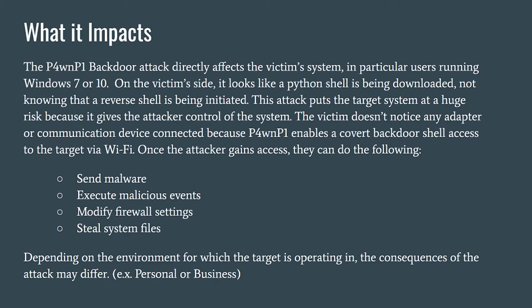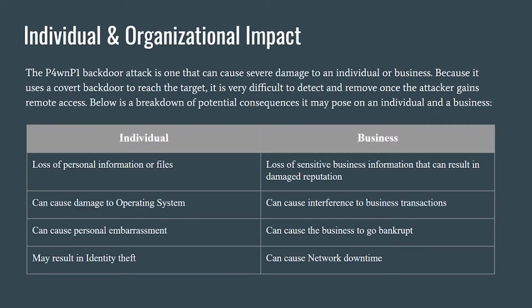For example, personal or business, individual and organizational impact. The P4wnP1 backdoor attack can cause severe damage to an individual or business. Because it uses a covert backdoor to reach the target, it is very difficult to detect and remove once the attacker gains remote access. Below is a breakdown of potential consequences for an individual and a business.